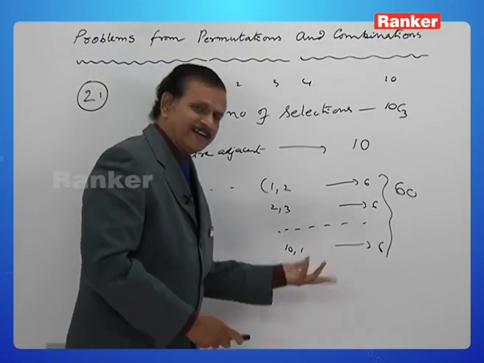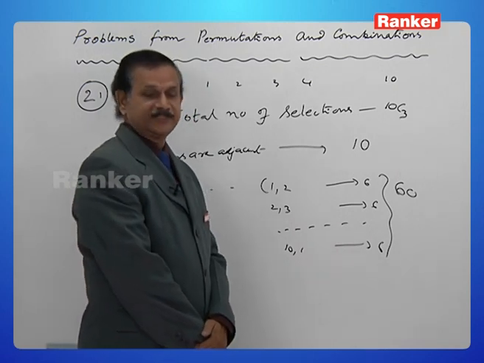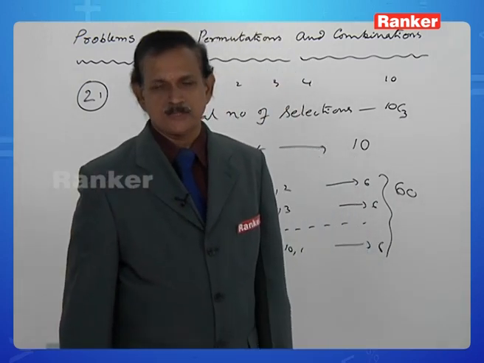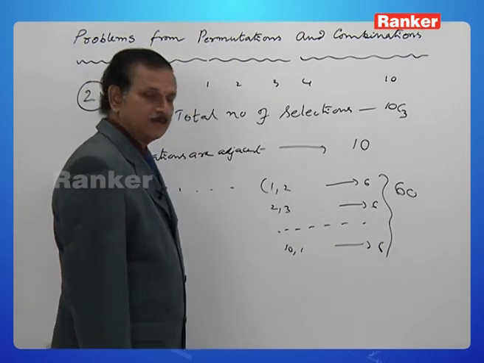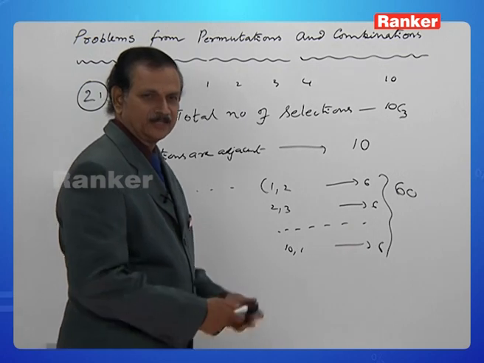Are these to be avoided or included? These are to be avoided because these are all invalid selections. Let us now count the total number of invalid selections. These are 10 in number, these are 60 in number. 10 plus 60, how much? 70.